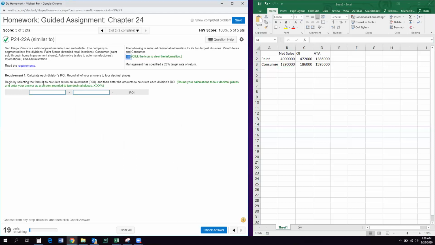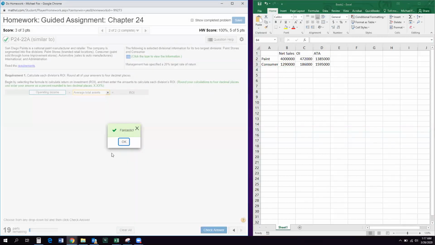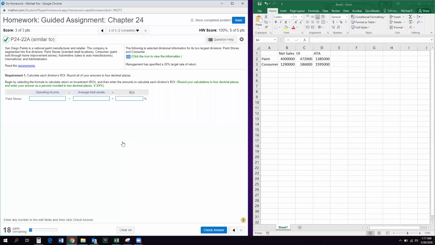So the first thing it wants us to do is calculate our return on investment. So it wants us to put the formula in there. The formula for return on investment is just going to be our operating income, which is our return, divided by our investment, which is our average total assets. So we can use Excel here.